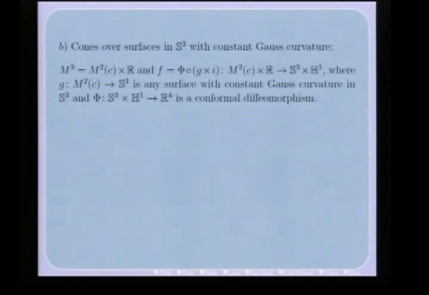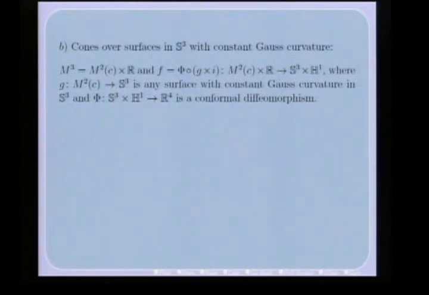Now you just immerse the surface in S3 and parametrize the 1-dimensional hyperbolic space. And then you compose with this conformal diffeomorphism of S3 times H1 into R4. The image omits a point, and this is a conformal diffeomorphism with just spherical coordinates reparametrized.